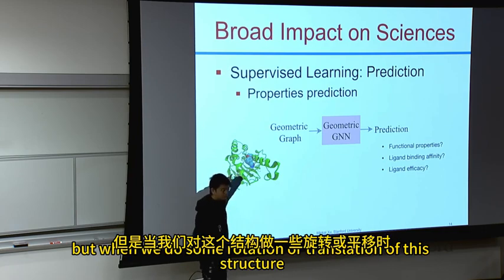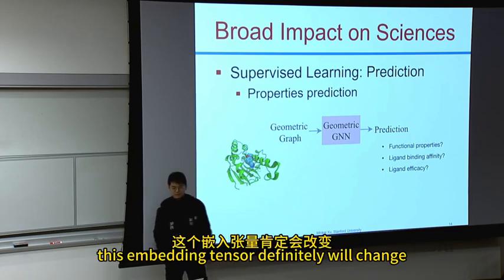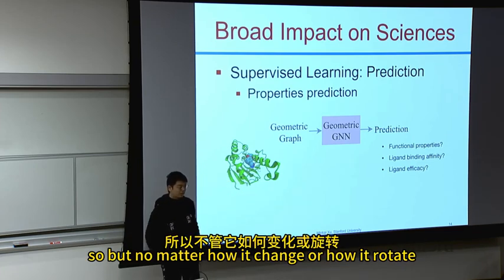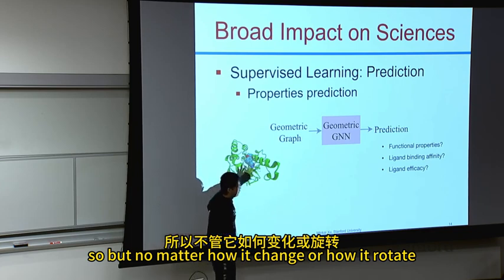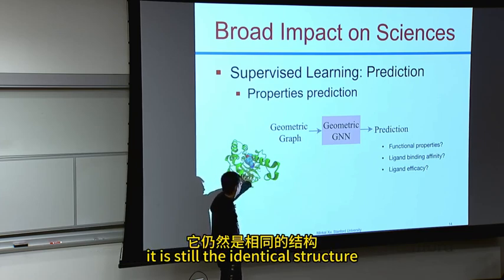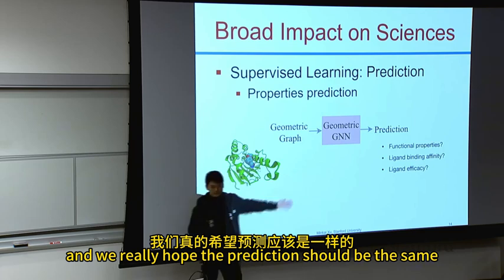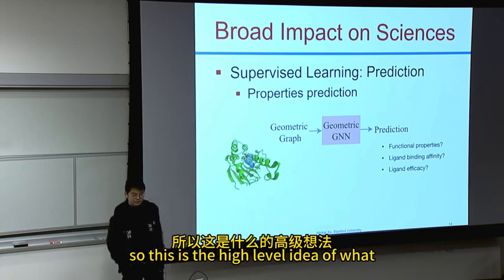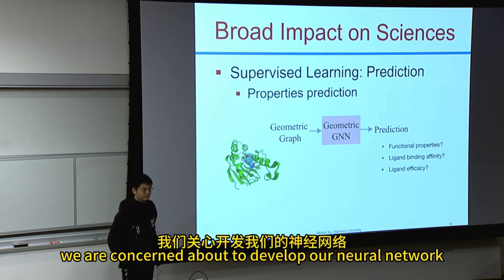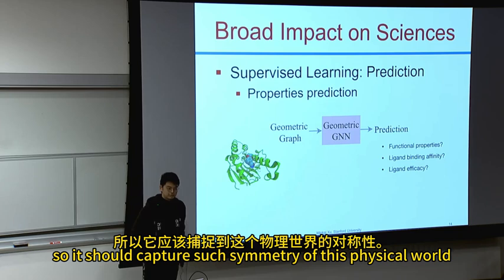But when we do some rotation or translation of this structure, this n by 3 tensor definitely will change. No matter how it rotates or translates, it is still the identical structure, and we really hope that the prediction should be the same. So this is the high-level idea of what we are concerned about to develop our neural network. It should capture such symmetry of this physical world.